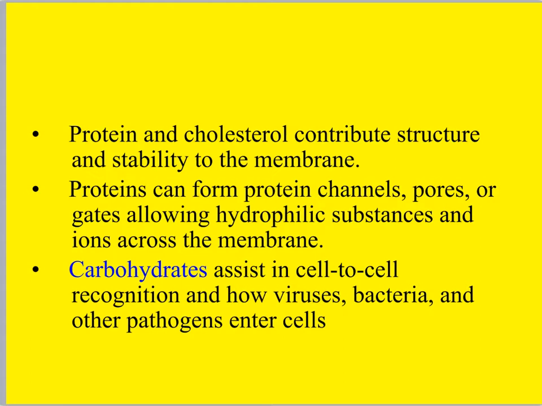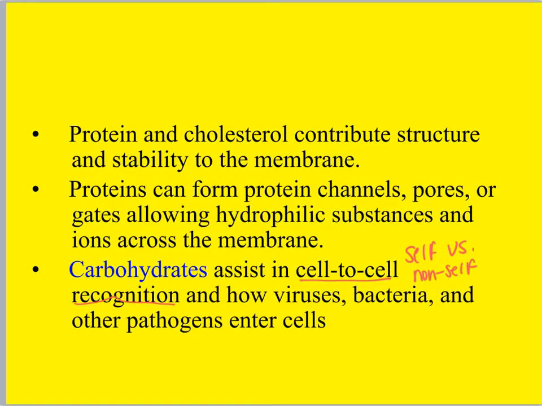And you do have some carbohydrates in the cell membrane. So with the carbohydrates, what they do is cell-to-cell recognition. Okay, so what that means is they can tell if it's a self versus non-self cell. So basically they can tell, does that cell belong in my body.